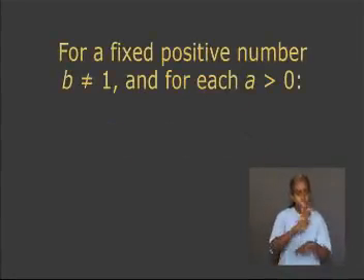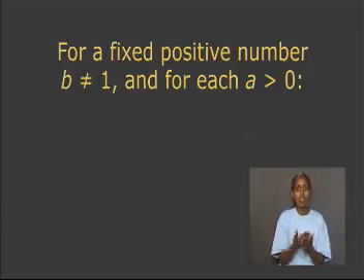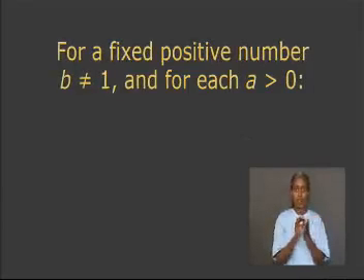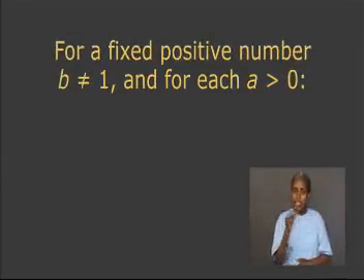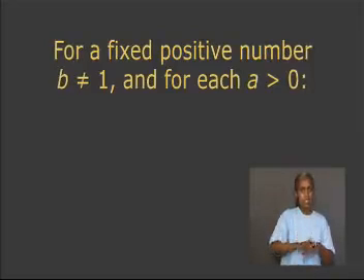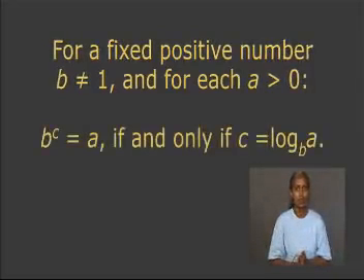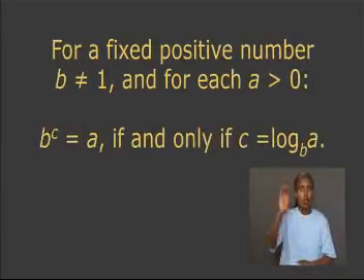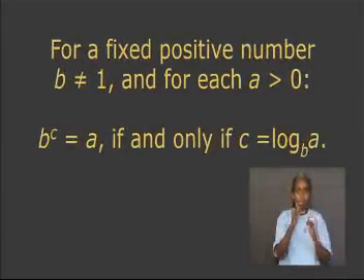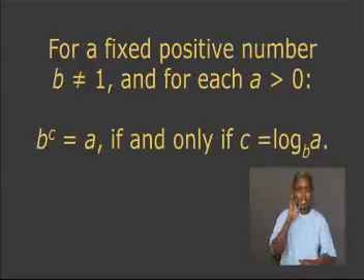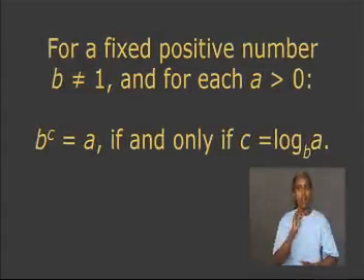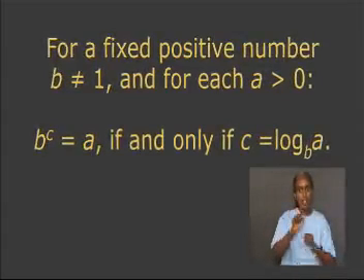In general, for a fixed positive number b that does not equal 1, and for each a that is greater than 0, b to the power of c equals a if and only if c equals the logarithm of a to the base b.